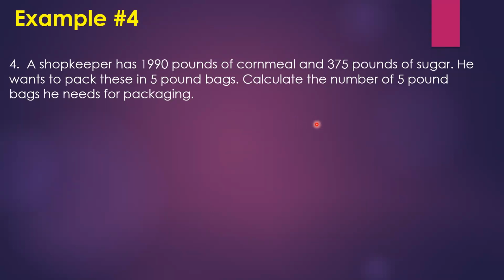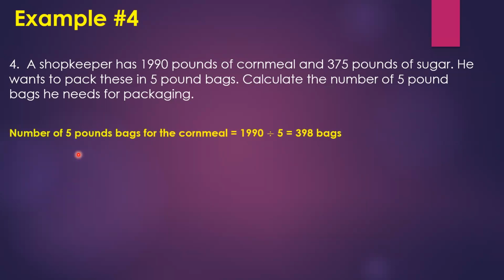All right, so everyone is getting 473. Let's actually do it. Gianna, can you explain how you got your answer? Okay. I divided 1,990 by 5, which equals 398.